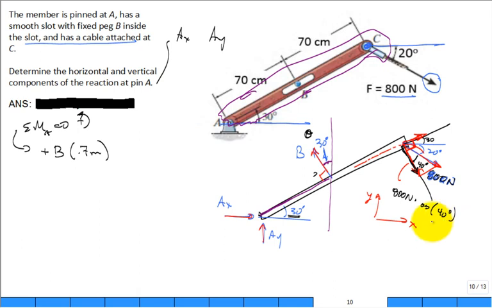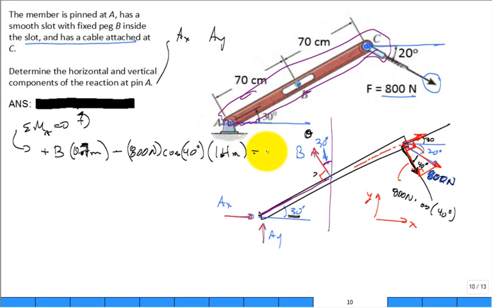Okay, so that's going to make it want to rotate in the negative sense, in the clockwise. So it'll be negative 800 Newton times the cosine of 40 degrees times a perpendicular distance of 1.4 meter. I'll put a 0.7 there to emphasize that, 0.7 meter and 1.4 meter.